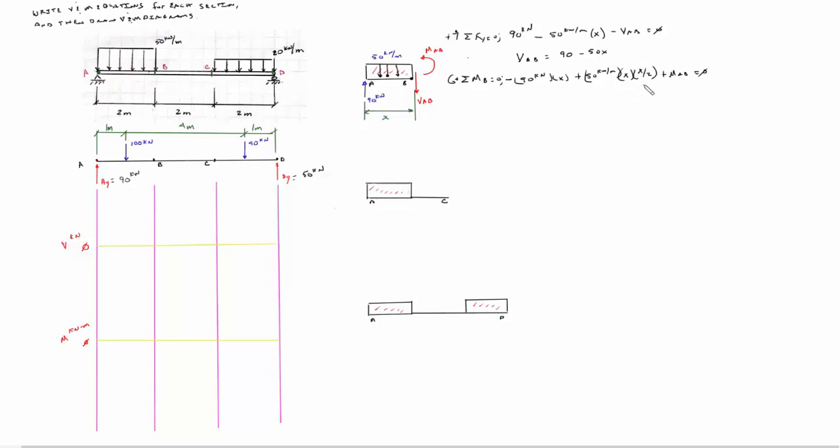So by doing a little algebra, I take all of this to the other side, so I'd have MAB equals 90x plus 50x squared over 2. Now we can see that will actually be negative since I took it over to the other side.